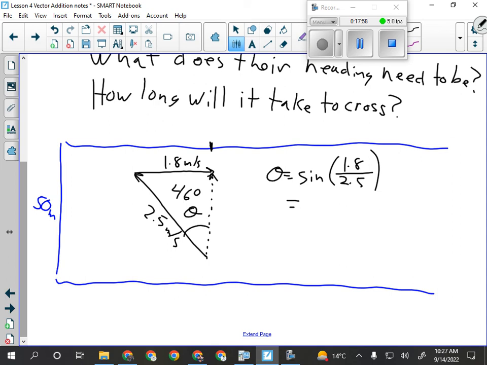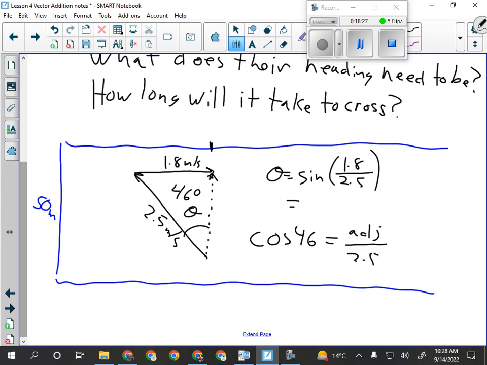Okay, so I know the river is 50 meters across. Do I know the speed across? Yeah, I just need to know this side. That side is the component of my speed across. So I've got the hypotenuse, and I'm looking for the adjacent side. So I can say that the cos of 46 equals the adjacent side over 2.5.